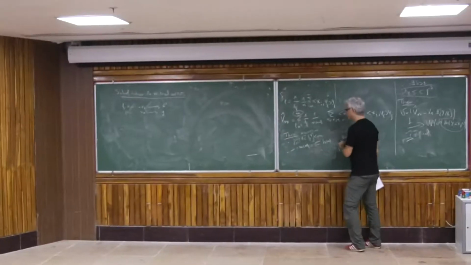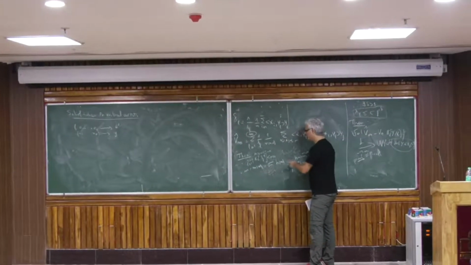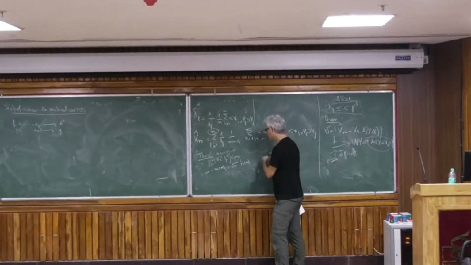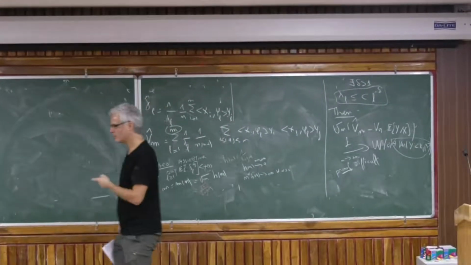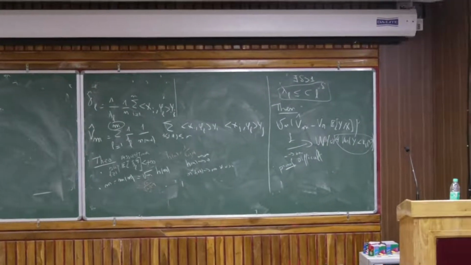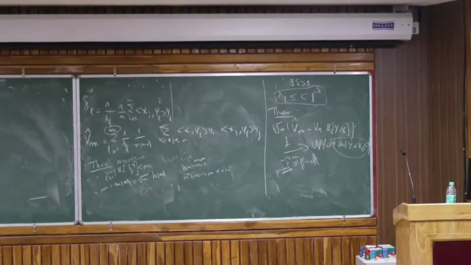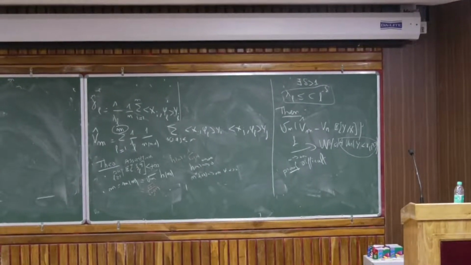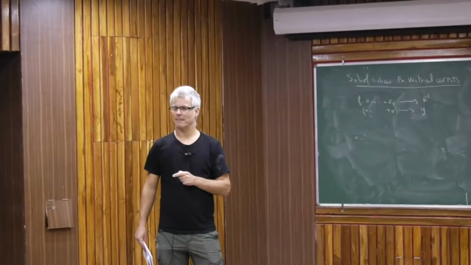Because here it is a limit theorem, an asymptotic result. But if you want to be optimal for a fixed n, then you will have to use it.